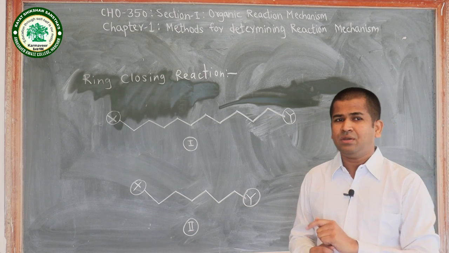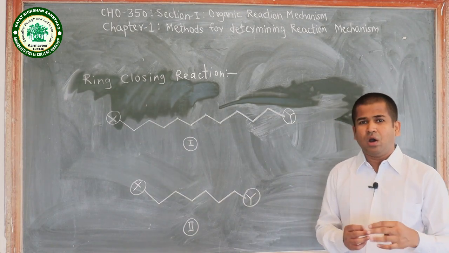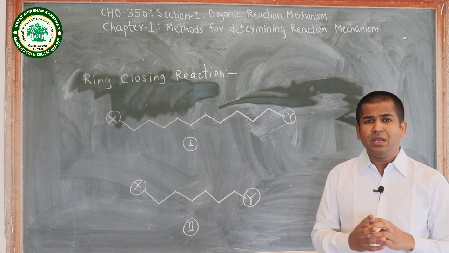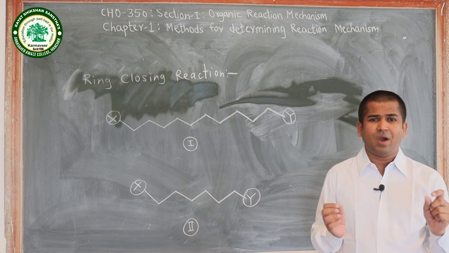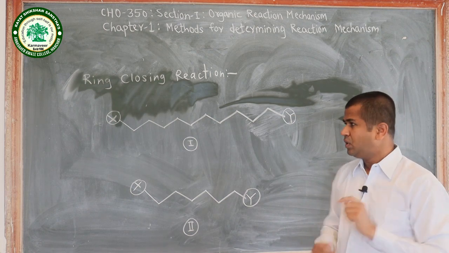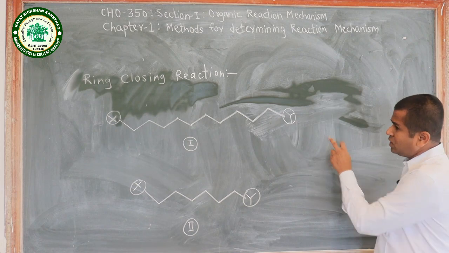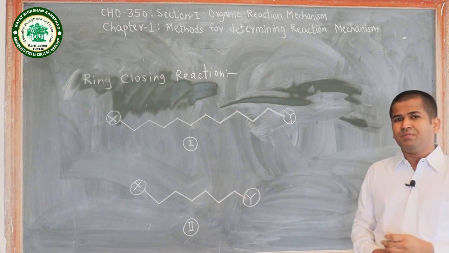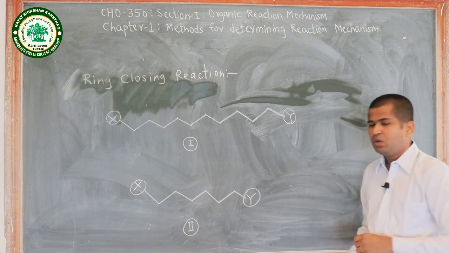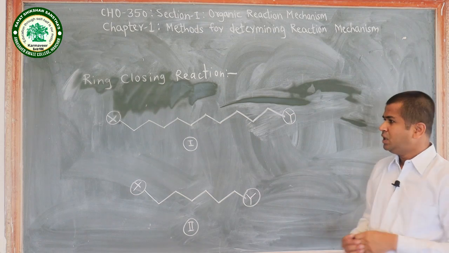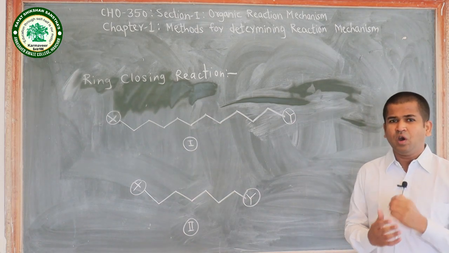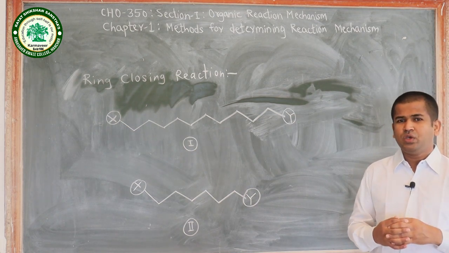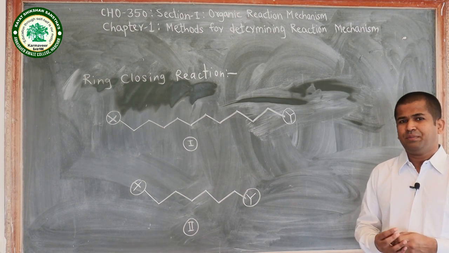So for a reaction to happen, the substrate has to lose all other conformations except those in which X and Y ends are close to each other. Compound 1 has more conformations compared to compound 2. Only a few conformations have X and Y close to each other, and then the ring closing reaction happens.